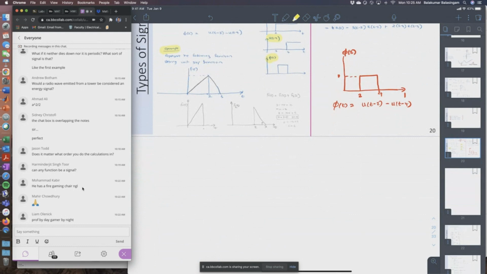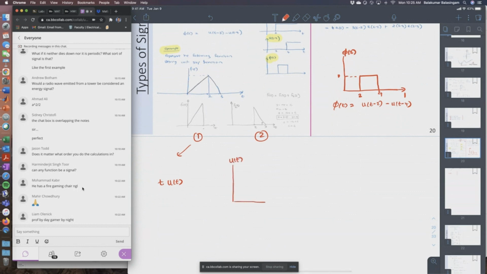Okay, so let's separate this signal into two, part one and part two. So let's define each of these parts using the unit step function. So the part one is, let's see what t times u(t) is going to look like.